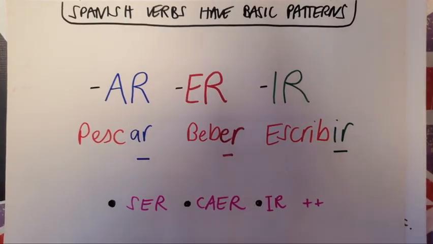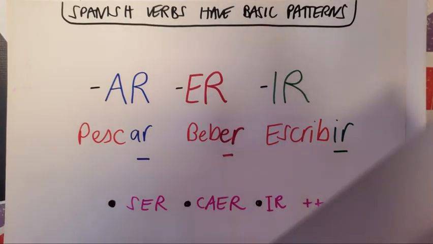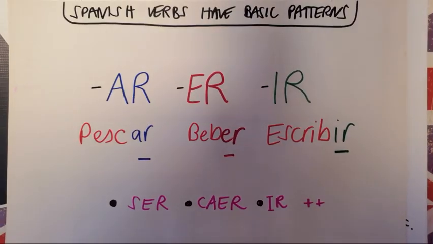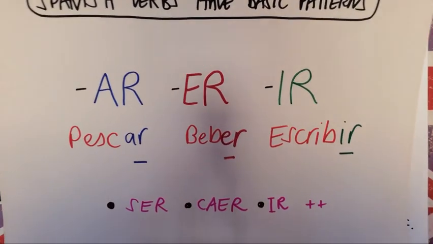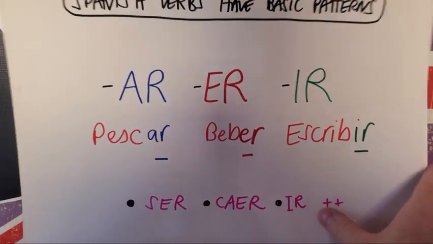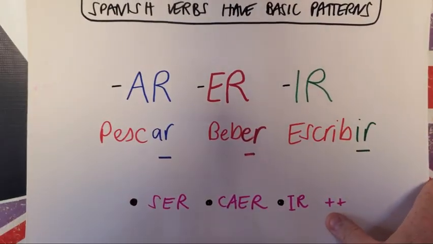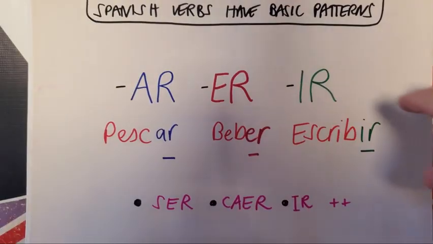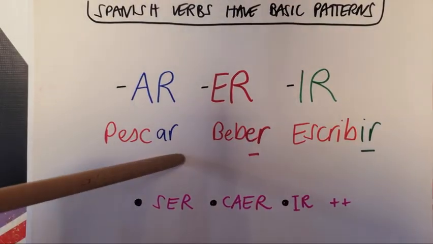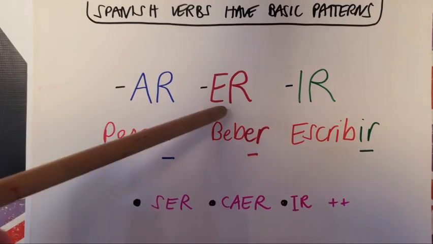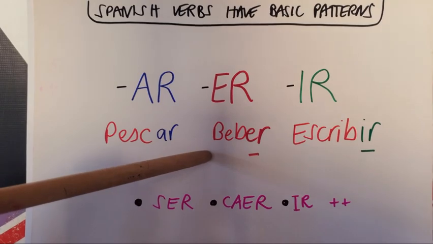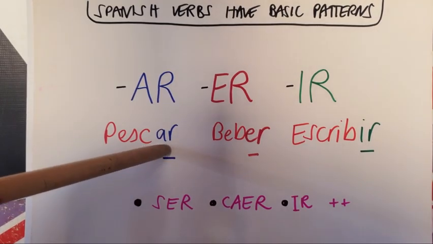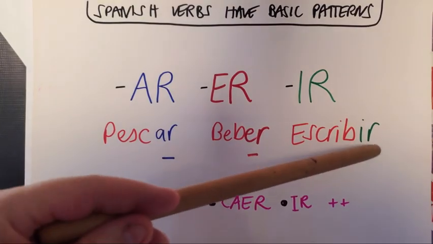Now, when we are looking at Spanish verbs, finally we come to this point. All Spanish regular verbs, actually like 98% of them, either end in AR, ER, or IR. They all end in AR, ER, and IR.